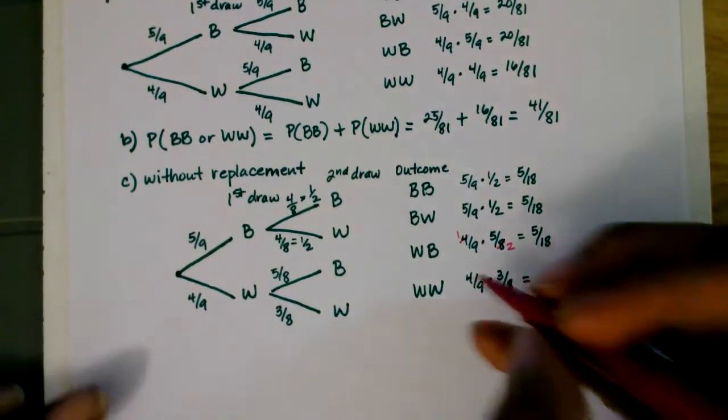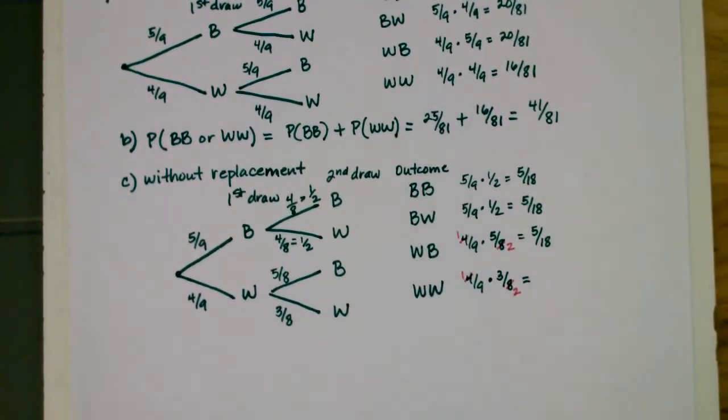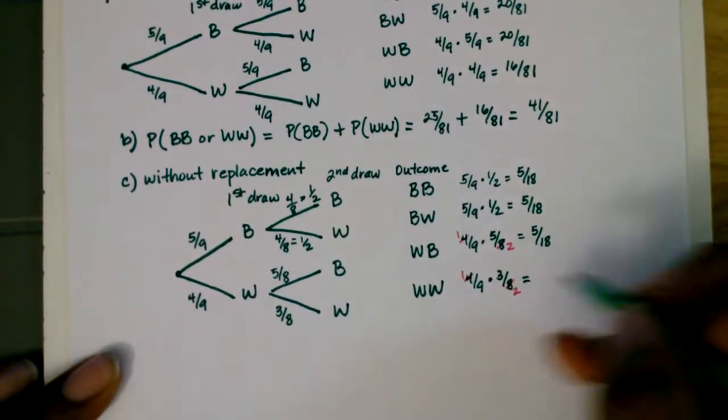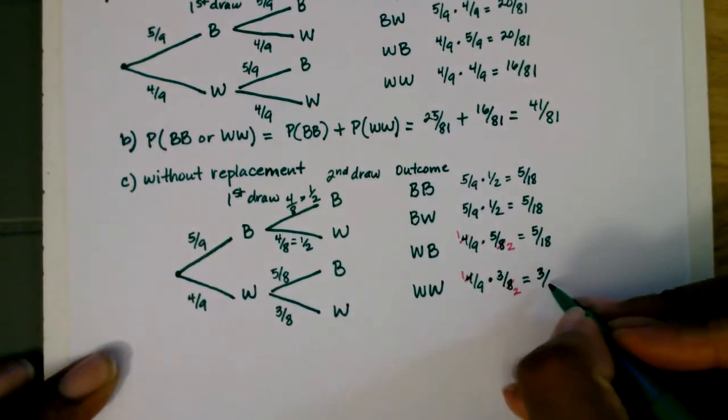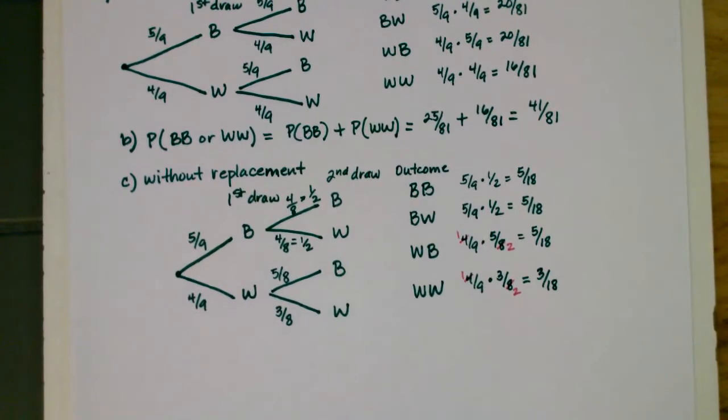And again, 4 goes into itself 1 time, 4 goes into 8 2 times. So now 1 times 3 would be 3 over 9 times 2, which is 18. So these are all my probabilities for this tree diagram.